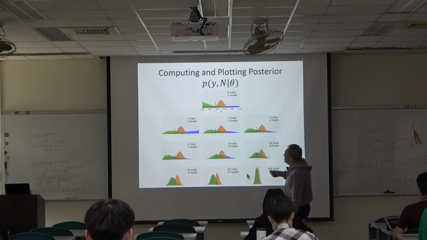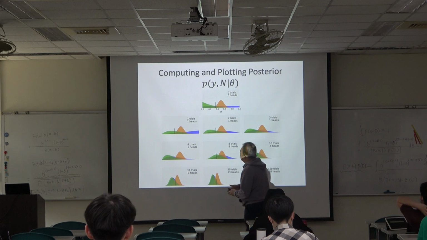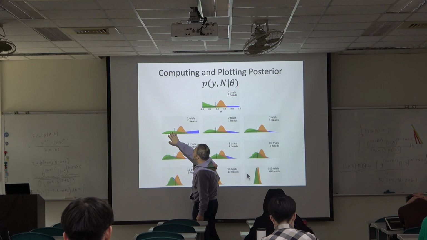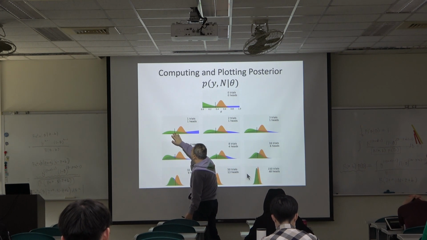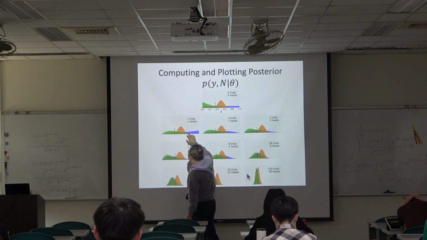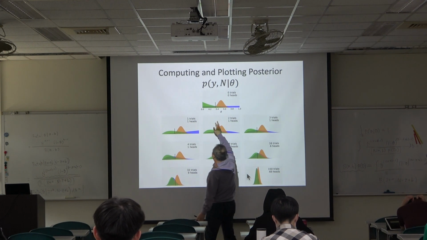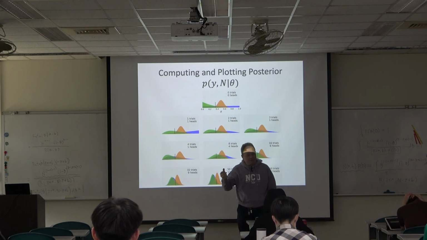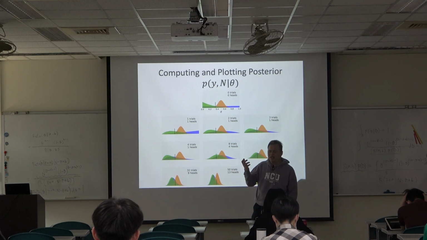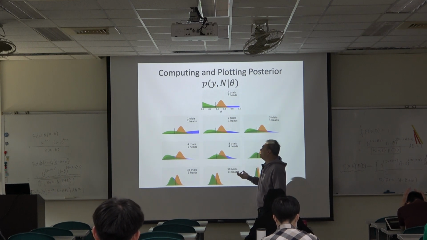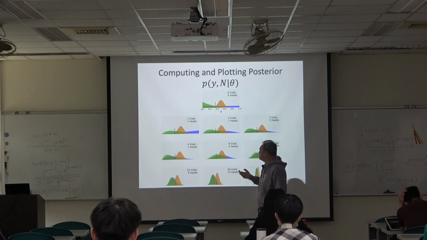The green one is not so sure anymore, it's moving toward the right. And then the orange one is slightly more complicated, and obviously much more complicated than the other two.